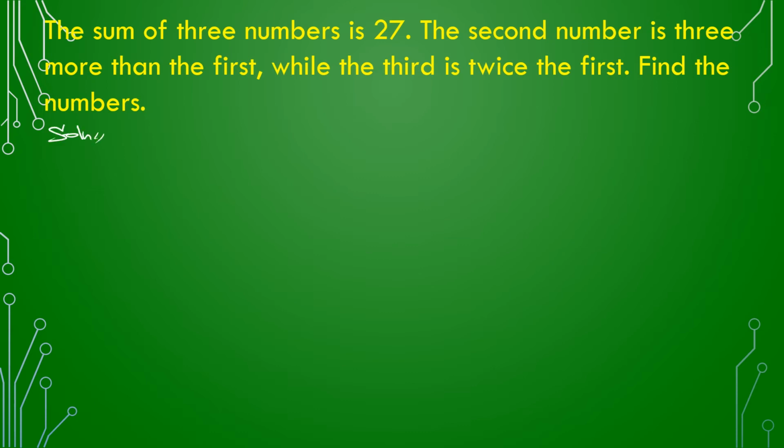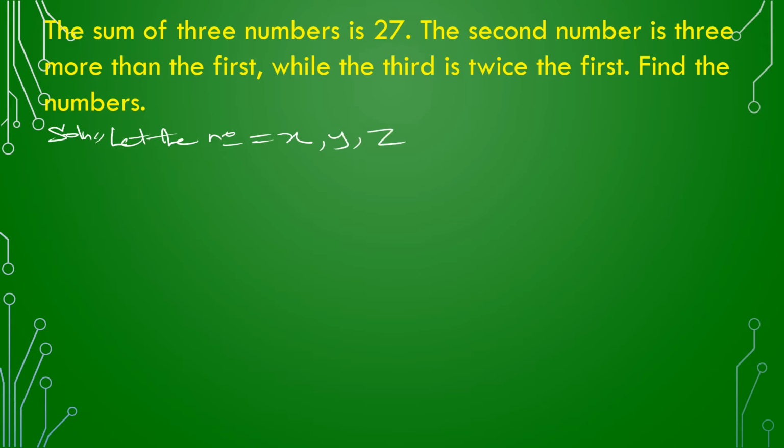Now the sum of three numbers is 27. Let the numbers be equal to x. The sum of three, so the three numbers should be x, and then we say y, and then we say z. Now we are using letters to represent the numbers.